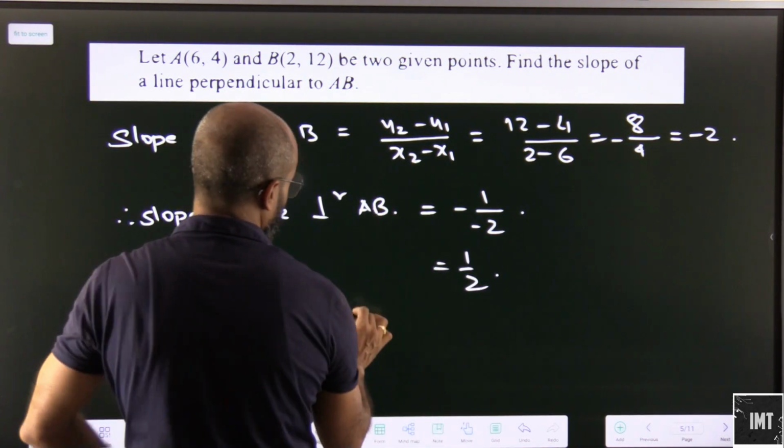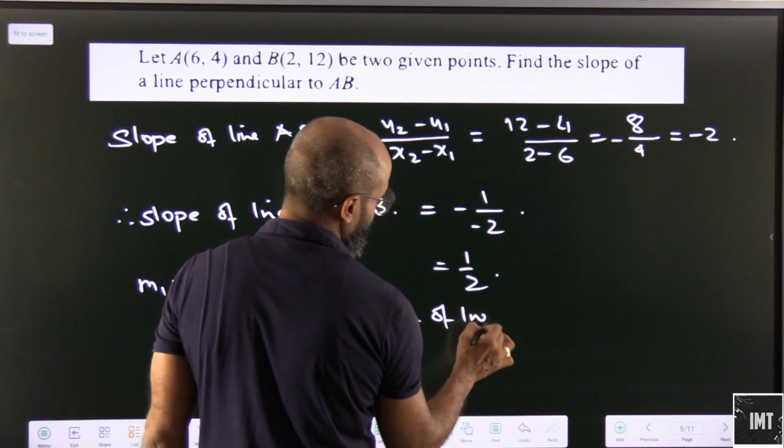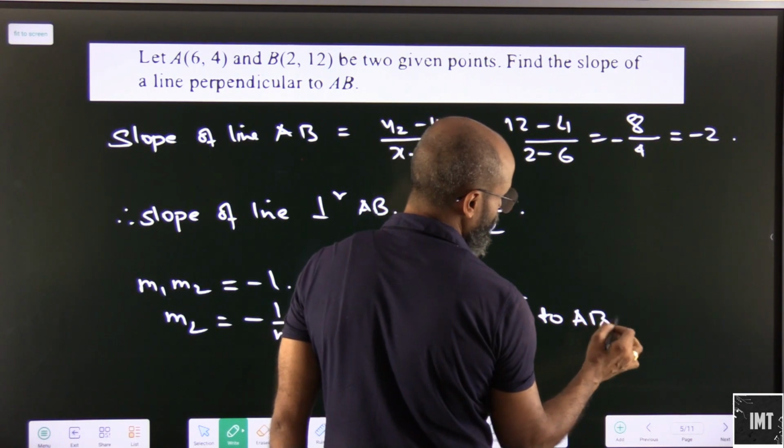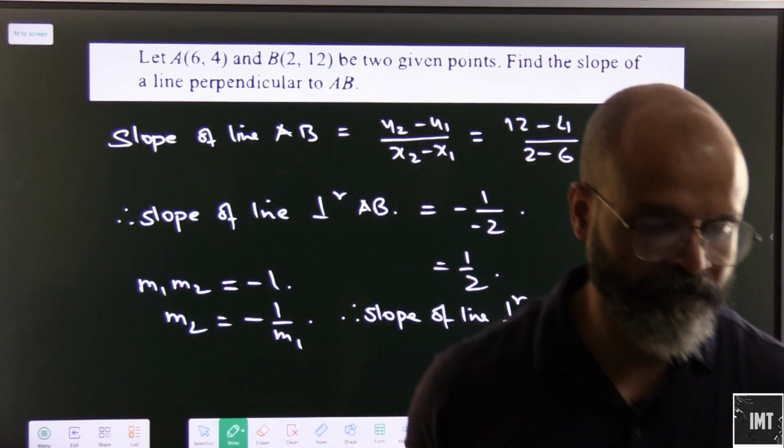So the slope of the line perpendicular to AB is equal to 1 by 2, okay.